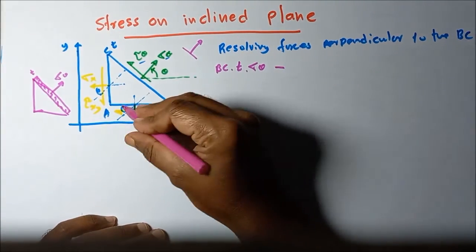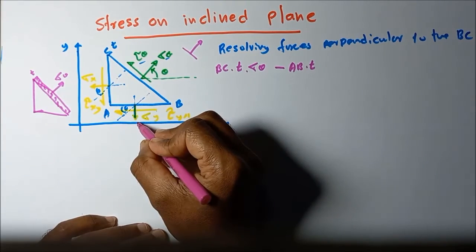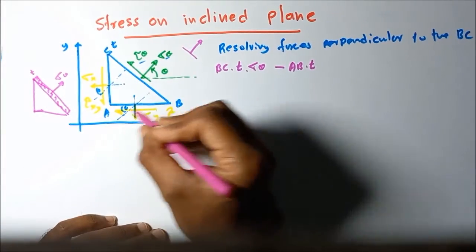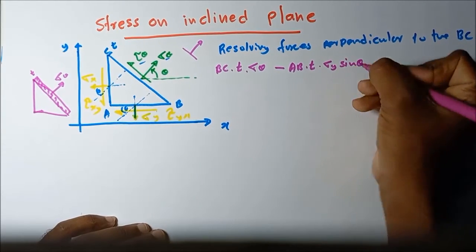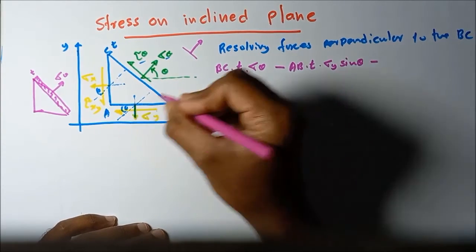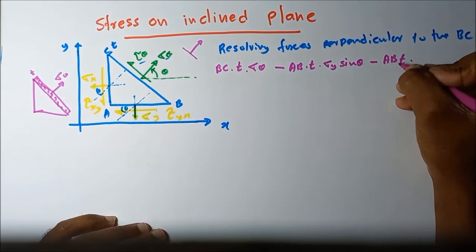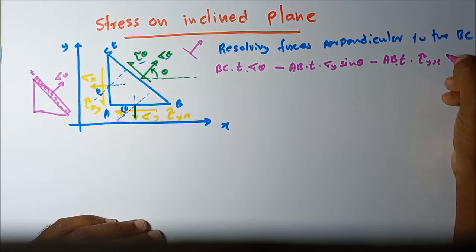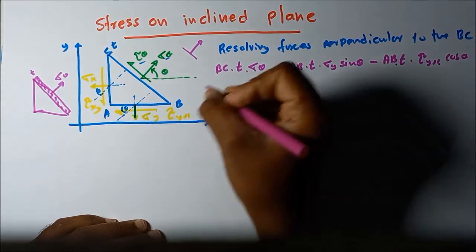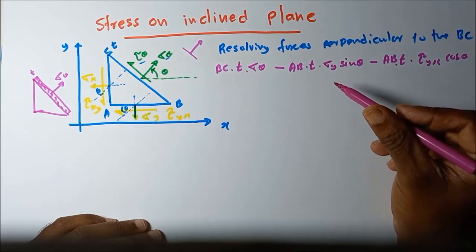Then let's move to this plane: minus AB times T times sigma y times sin theta. At the same time, for the shearing stress component, T times tau yx times cos theta, which is also in the negative direction.